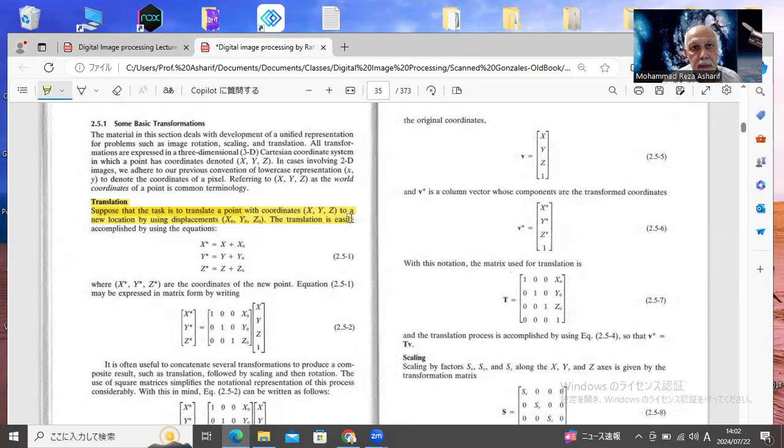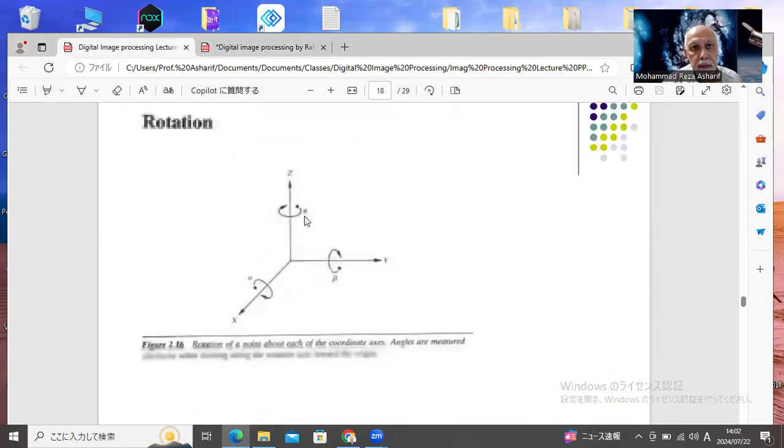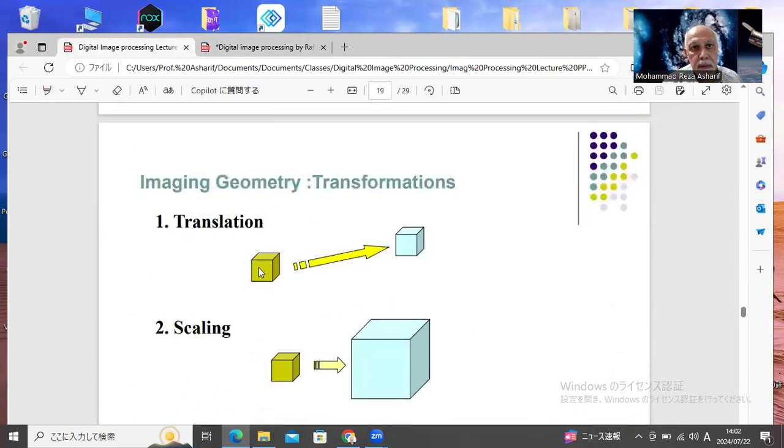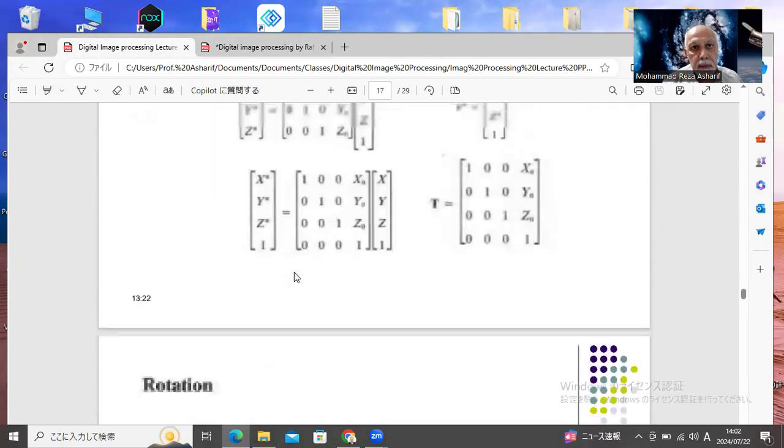We have an object, let's say here, like this. We want to translate it to a new position, or maybe scale and maybe rotate it. I will talk about this in detail later.